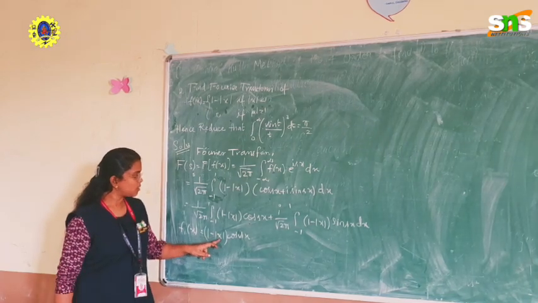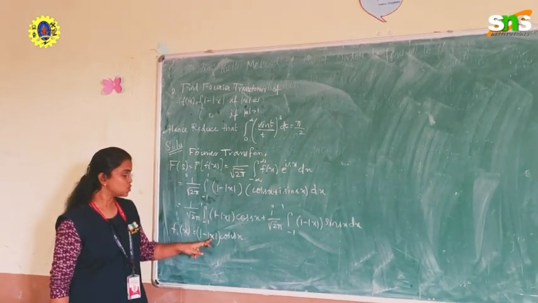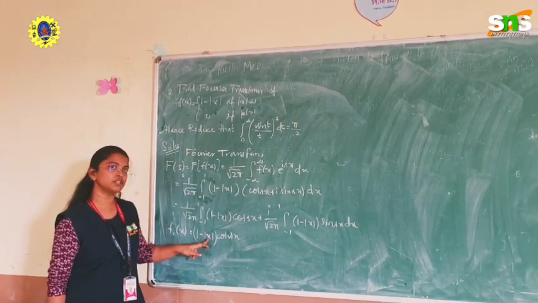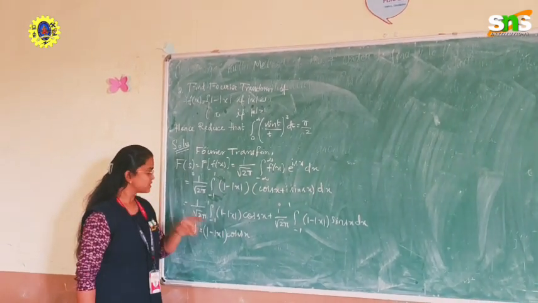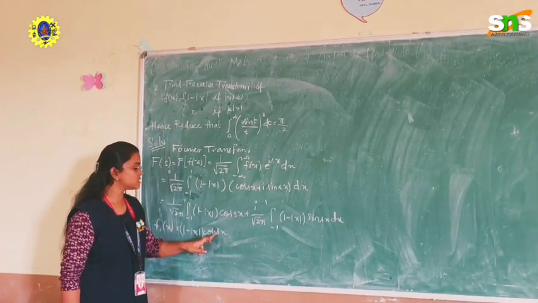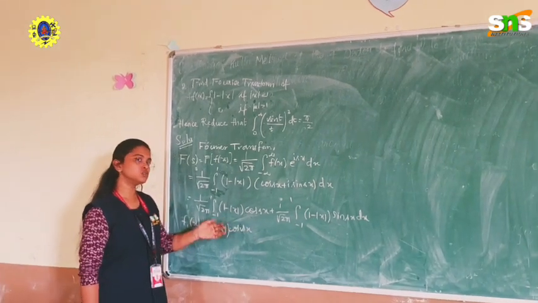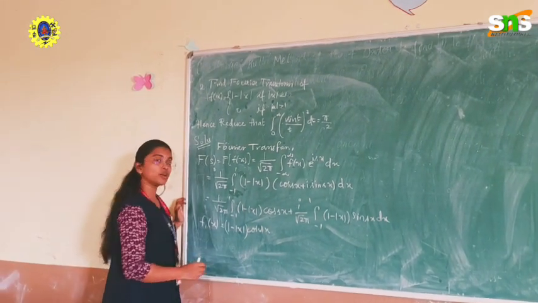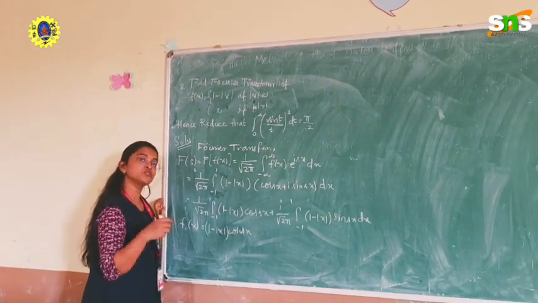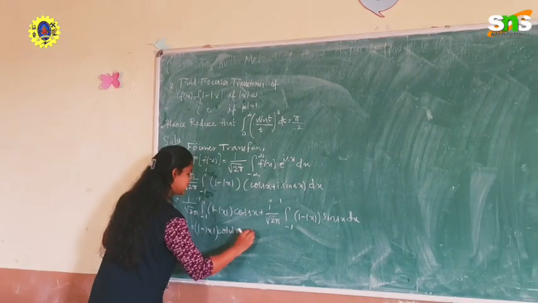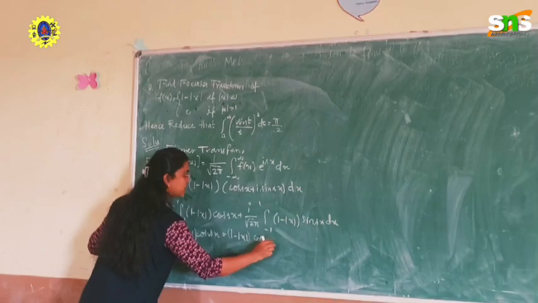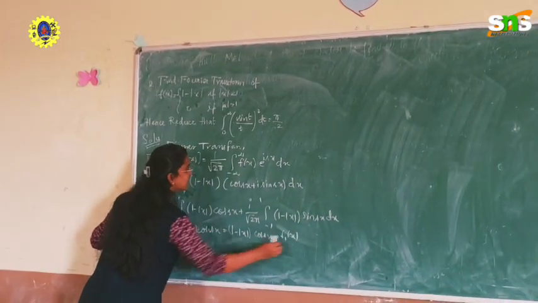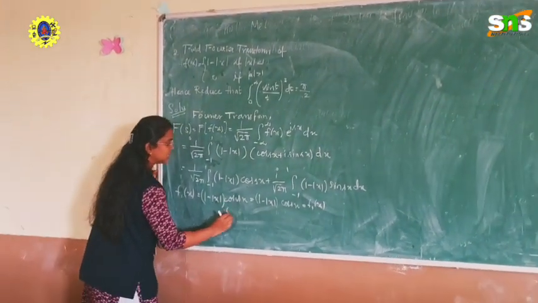Since it is inside the modulus, if it is -x we consider it as +x, so 1 minus modulus x is the same. And cos s of -x goes to cos s x, because cos of minus theta is cos theta. So you get the same function if you substitute -x, so the first term is an even function.